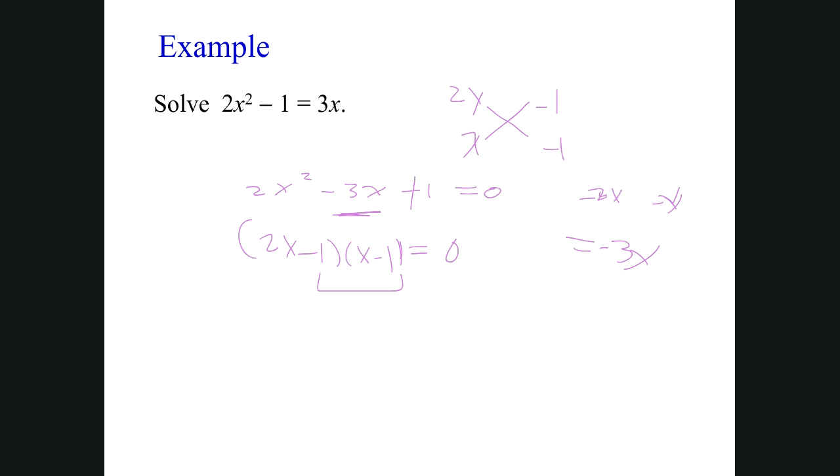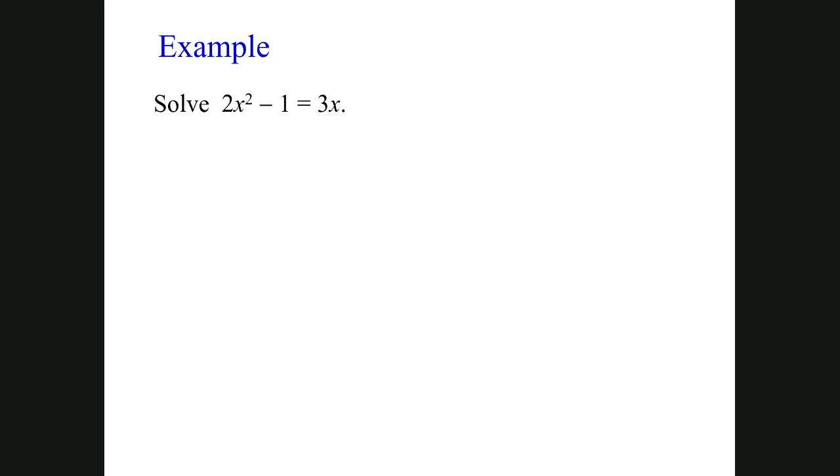And then inner multiply, you got negative x, outer multiply, you got negative 2x, so everything is done. You can factor this one. That's quick and easy. But unfortunately, we have a negative 1 right here. So this doesn't work. So that means we cannot factor this one. Okay, this is not factorable.